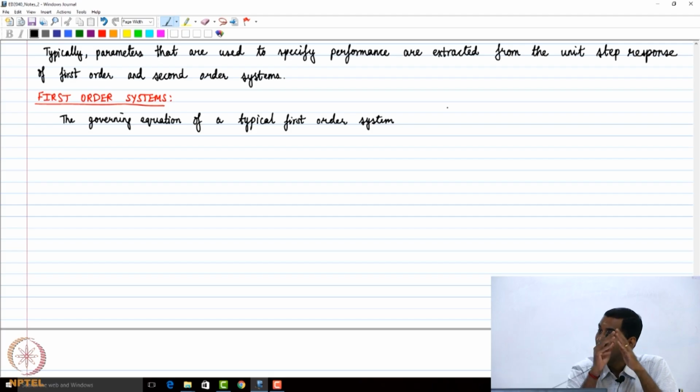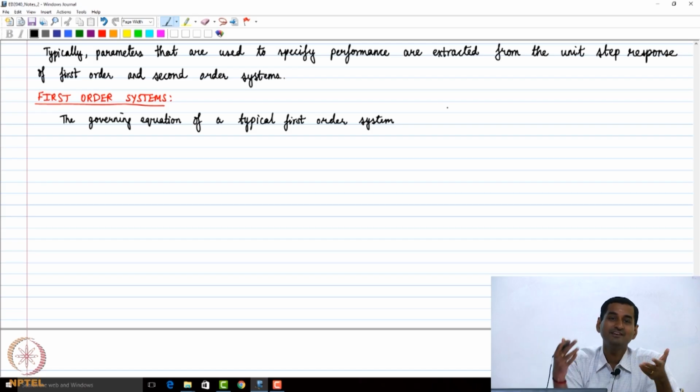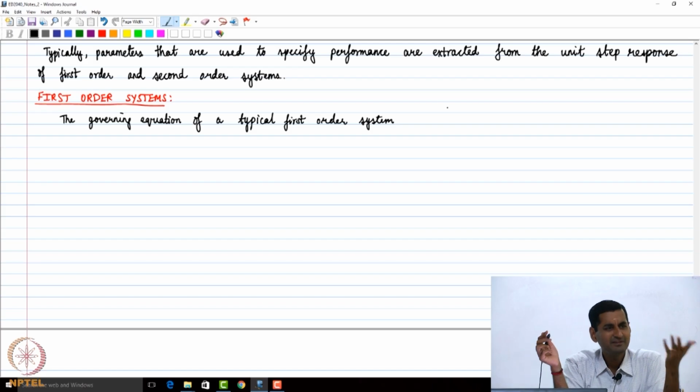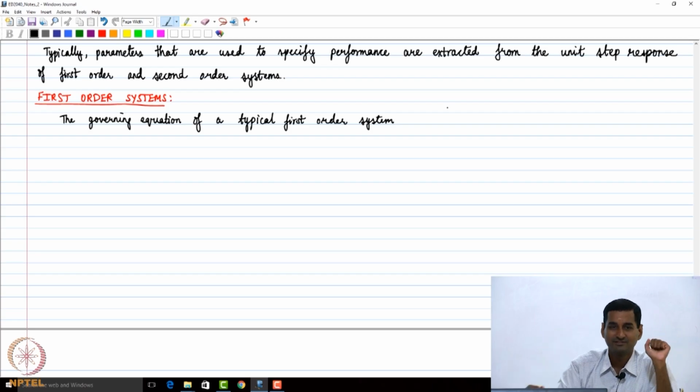The plant for them is a process. So if you look at references that are written by chemical engineers, they will say it's a first order process. So please don't get confused. It's the same thing. For us, we are looking at systems, so we are using the term system. They may use the term process. That's the only difference.